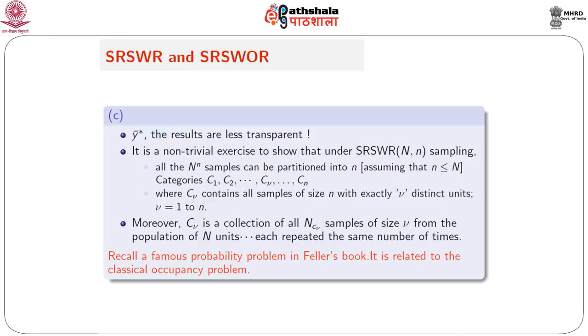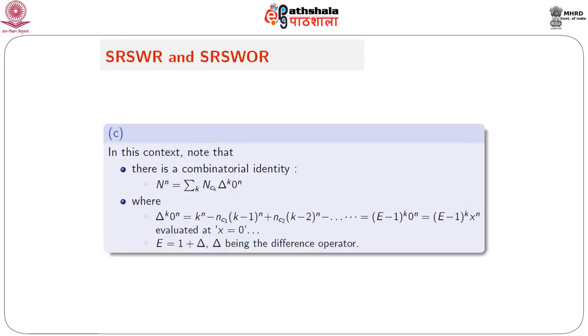a collection of all capital N choose nu samples of size nu from the population of capital N units, each repeated the same number of times. In this context, you may recall a famous probability problem in Feller's book that is related to what is called the classical occupancy problem. So in this context, note that there is a combinatorial identity.